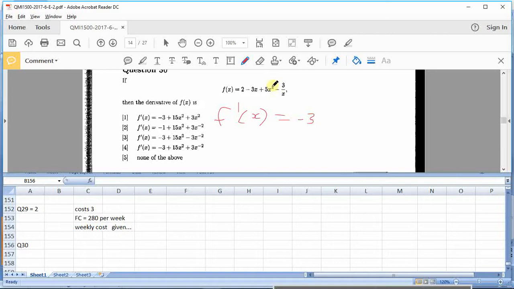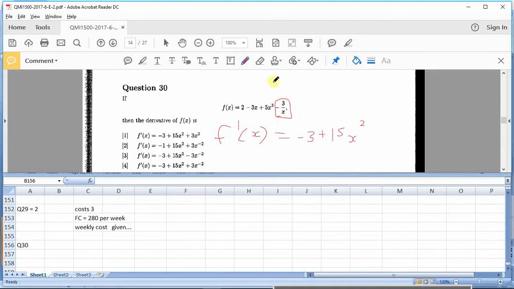There's a 3 there: 3 times 5 is 15, and 3 minus 1 is 2. This we need to write better. That can be written as minus 3x to the minus 1. So minus 1 times minus 3 is plus 3, x to the minus 2.